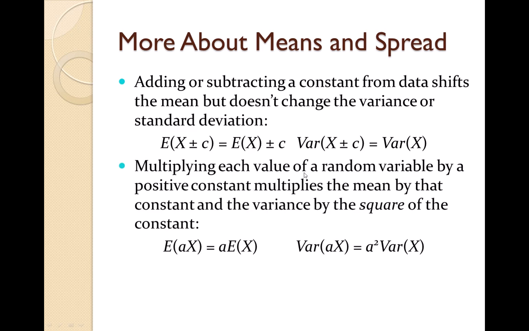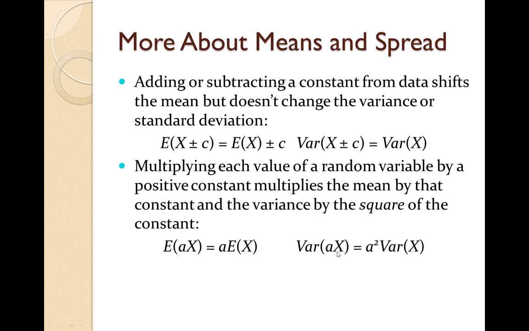However, when you multiply each value of a random variable by a positive constant, it's going to multiply the mean by that constant. So if you take all of the values that you have for your random variable and multiply by a constant, the mean is going to be affected by taking the original mean and multiplying it by that constant. All right.